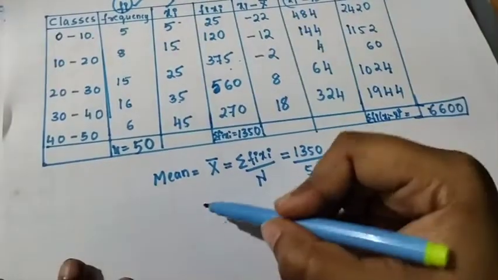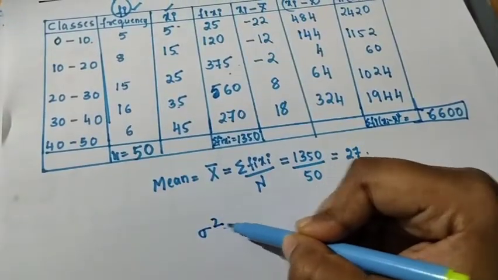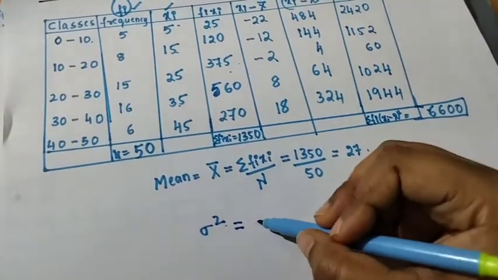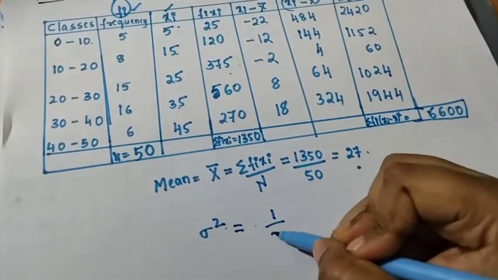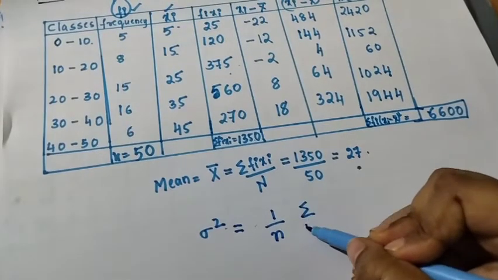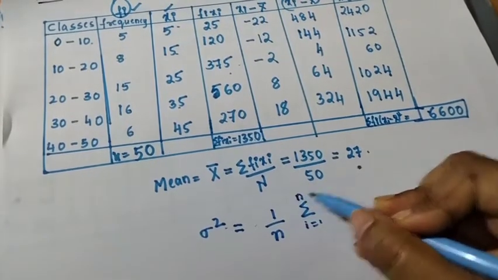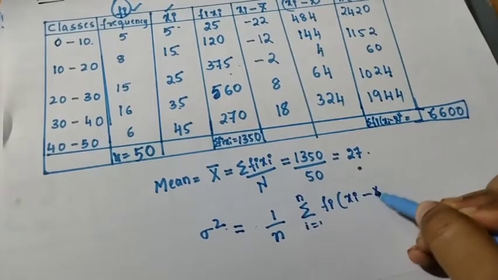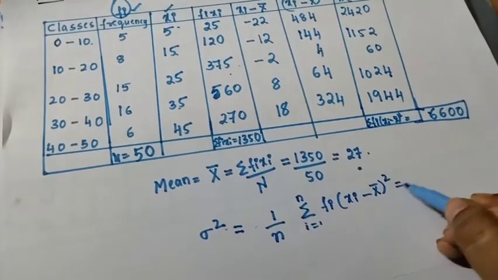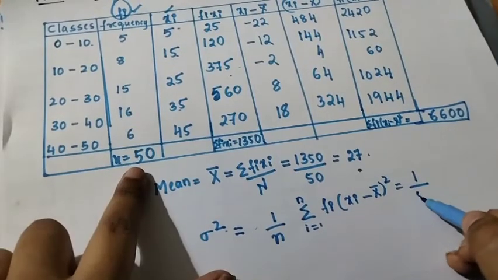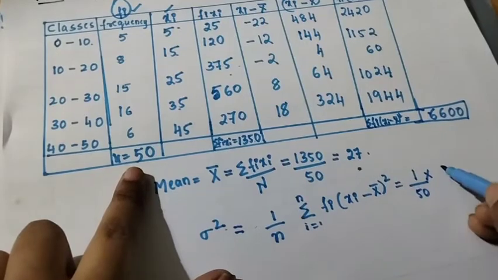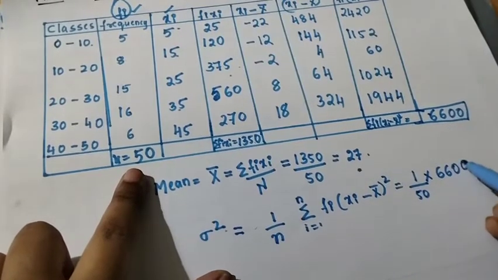Next, I told you the formula to calculate variance. Variance is denoted by the symbol sigma square. It is given by 1 by n into summation i equal to 1 to n fi into xi minus x bar square. So this is 1 divided by 50, since n is 50, into the summation value you got, 6600.